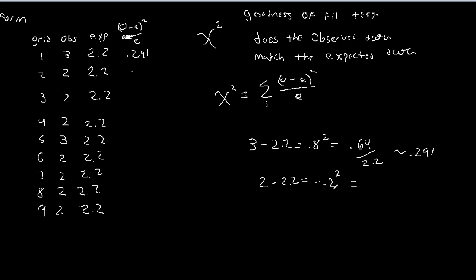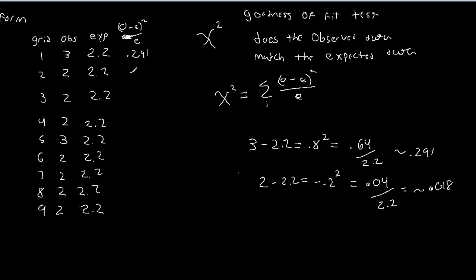So 0.2 squared is going to be 0.04. Divide that by the 2.2, and you're going to get approximately 0.018.